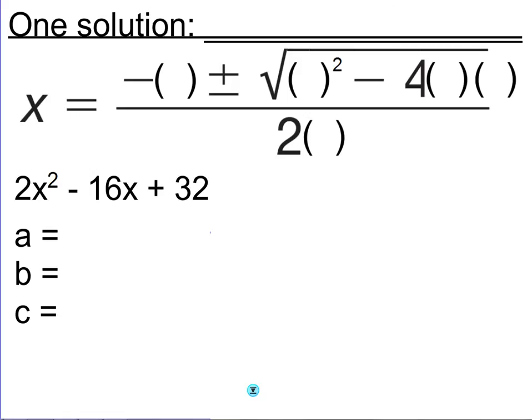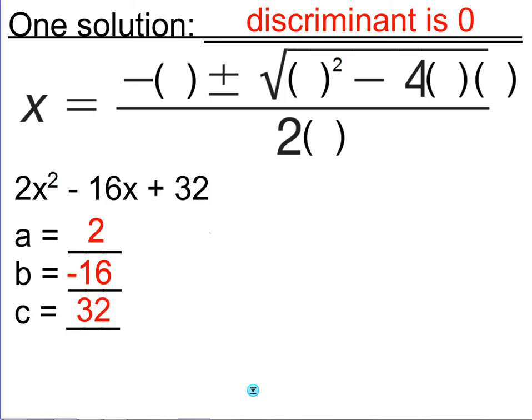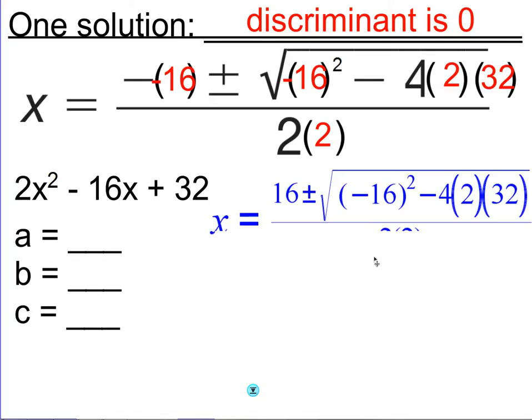Okay, one solution means the discriminant ends up being 0. So we've got our expression here, and start subbing in negative 16, 4ac all over 2a. Okay, that's what it looks like all subbed in.